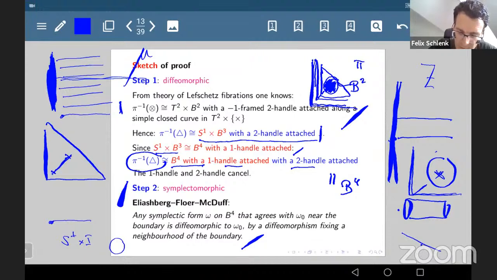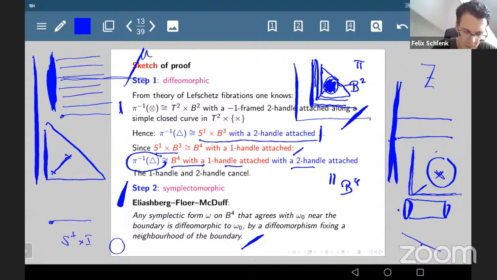So when you think of this corner just as a line, you see that, ignoring the attachment part, one of the circles becomes filled in. So instead of S1 cross S1 cross interval, we get S1 cross interval cross interval cross interval.